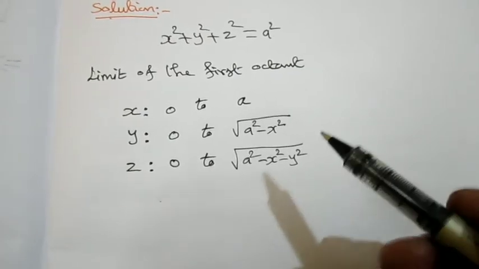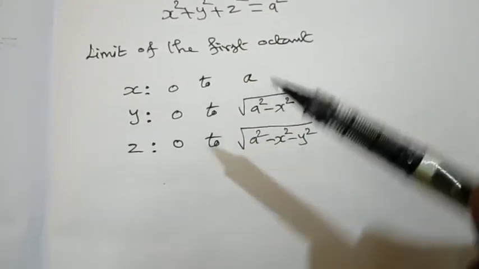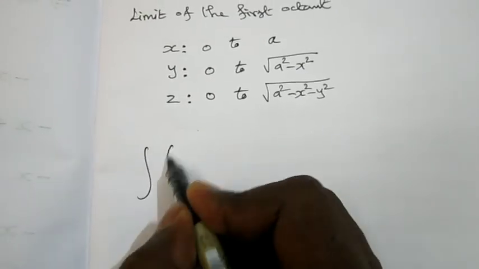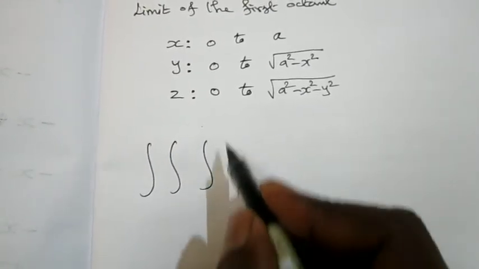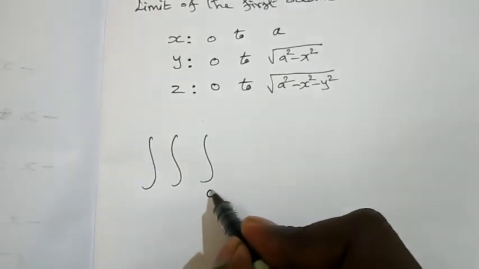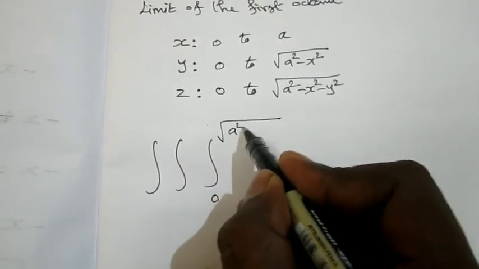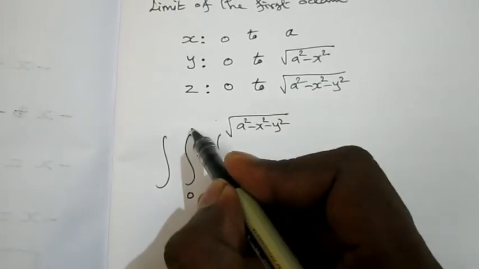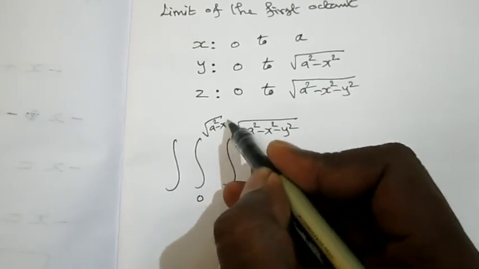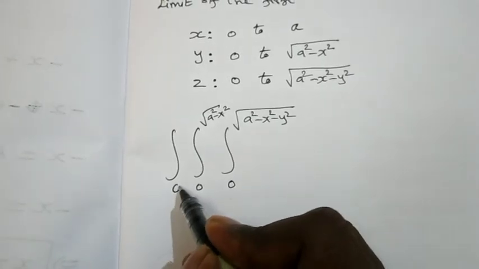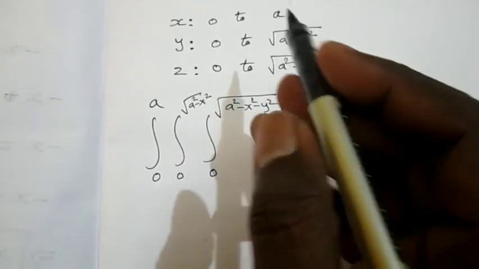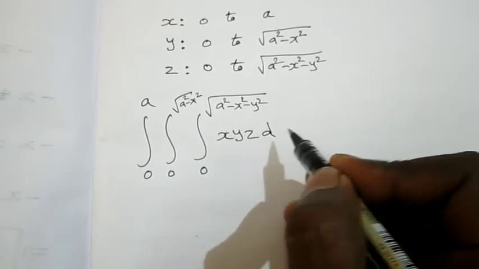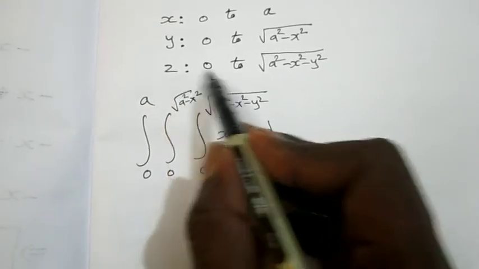Now I am going to evaluate the given integral using these limits. In the triple integral, the first limit is the z limit, 0 to root of a² minus x² minus y², next the y limit 0 to root of a² minus x², and last the x limit 0 to a, with the integrand xyz, dz dy dx, because we integrate first with respect to z.